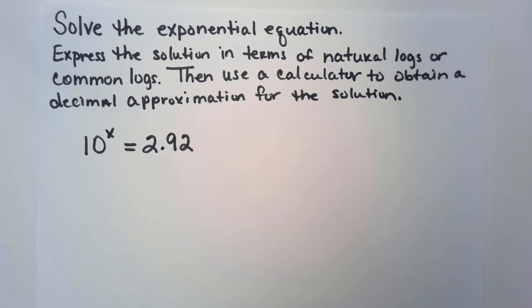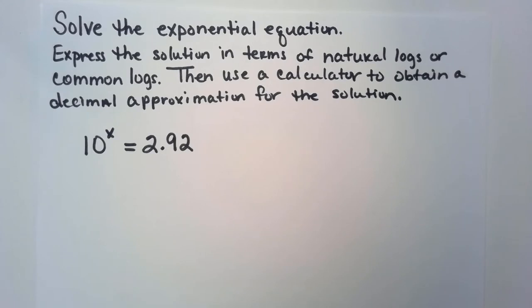And then if it's not a base of 10, we would use natural log, ln. Now, it really doesn't matter which one you use because at the end of the day, we talked about the change of base formula. If we use natural logs or common logs, you still notice that the solutions are the same. But let's just go ahead and follow the instructions, what the rules say here.